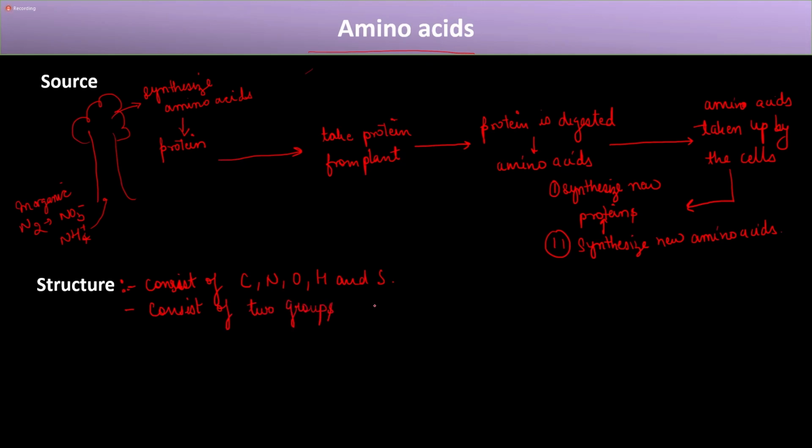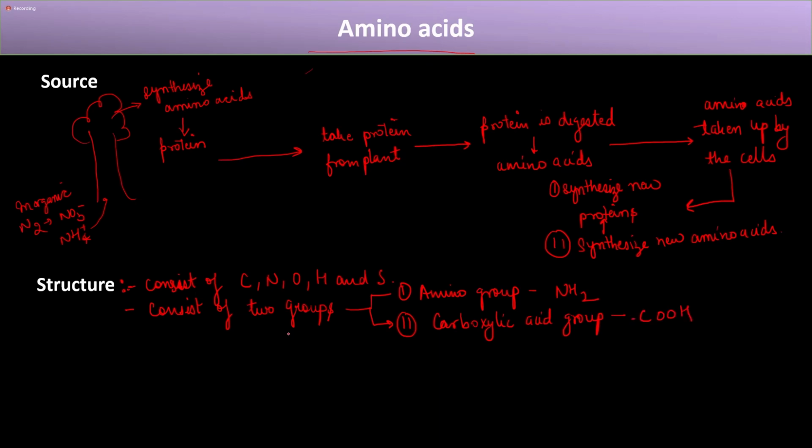And what are these two groups? The first one is the amino group, and the amino group is NH2. Okay. And the second is acid, right? So it consists of a carboxylic acid group, and that is written as COOH.